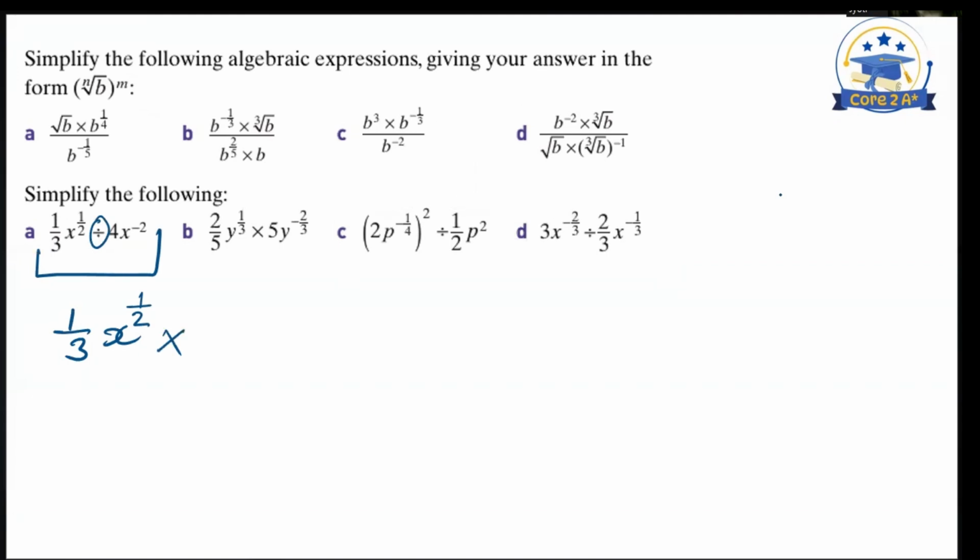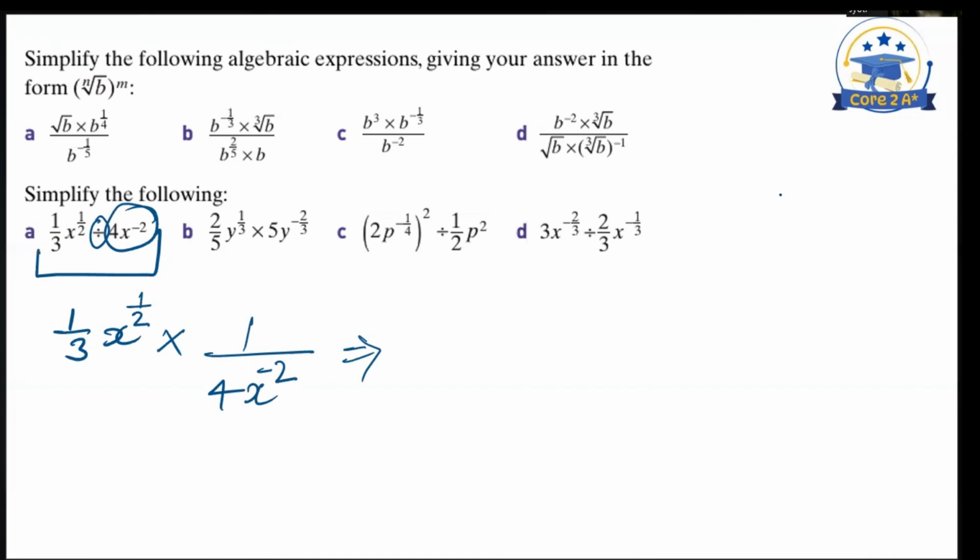By the product, but we have to write the reciprocal of the next term. So the reciprocal of the next term is 4x to the power minus 2. Okay, now simplify it.